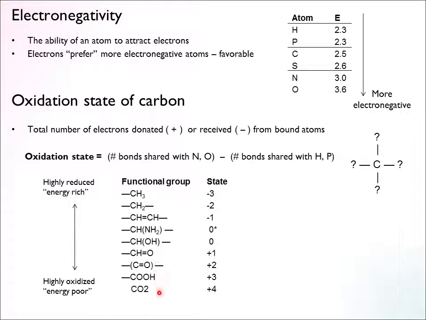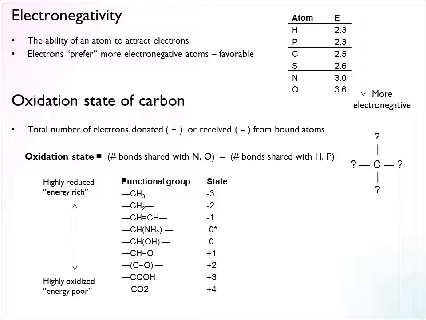And as you go down the list, you come down to CO2, which is really the most oxidized state you can reach, because here all the bonds of the carbon atom are shared with oxygen, which is the most electronegative atom. So now you are in the state of +4. All 4 bonds of the carbon atom are shared with oxygen. Highly oxidized, and now energy poor. So this is the series.